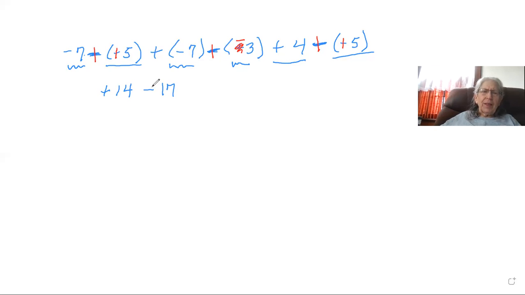So this is 14 minus 17 or 14 plus -17, whichever way you want to think of it, which is the same thing as 14 plus or minus 17. And the rules for adding say, if the signs are different, you take the difference. 17 minus 14 is 3. And keep the sign of the larger one. As I say, it's not harder, it's just longer.